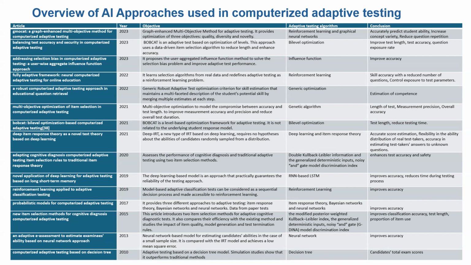They also demonstrate the evolution of methodology, moving from traditional methods to the most advanced approaches based on deep learning, reinforcement learning, neural networks, genetic algorithms, decision trees, and other techniques of artificial intelligence.